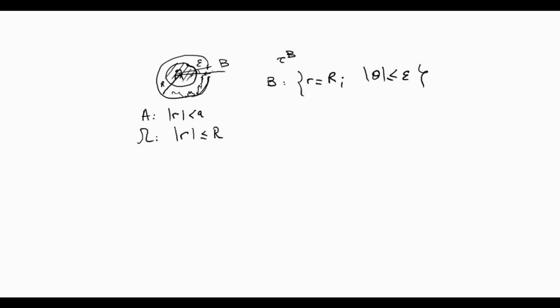So how do we calculate the conditional mean first passage time for the process that will escape in B without ever touching A? This is the first question, for example when the ratio a divided by capital R is small.